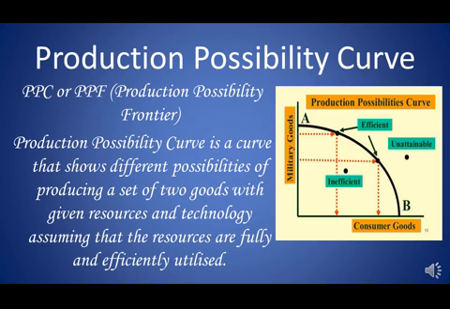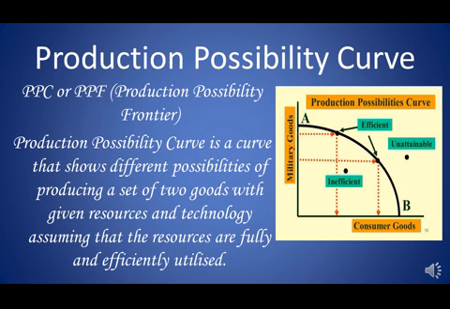So while defining production possibility curve, we need to keep in mind that we have to produce a set of two goods. Also, the resources are fixed and given. The technology also does not change, and we have to assume that resources are fully and efficiently utilized.